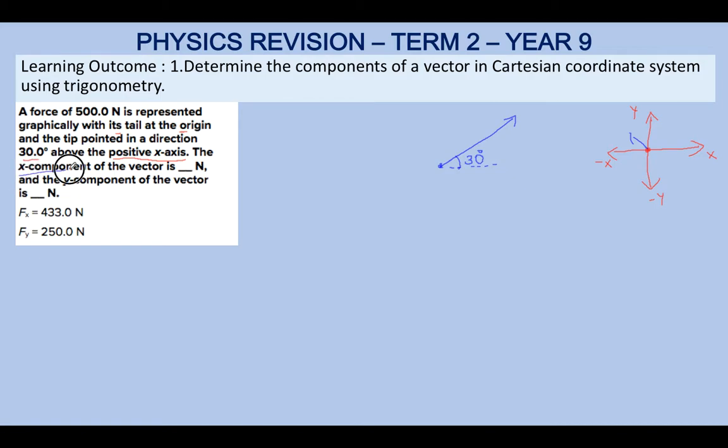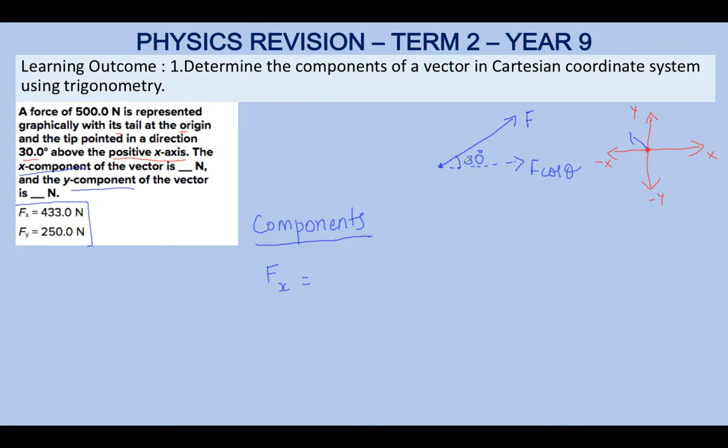It is about the x component and y component, which should be found. Actually, these are the answers, Fx and Fy. You should get this. So let's see how to do that. So for components, Fx, the formula is F cos theta, right?